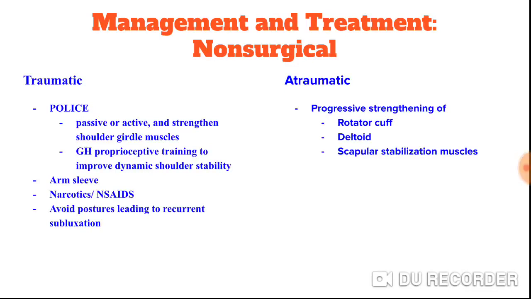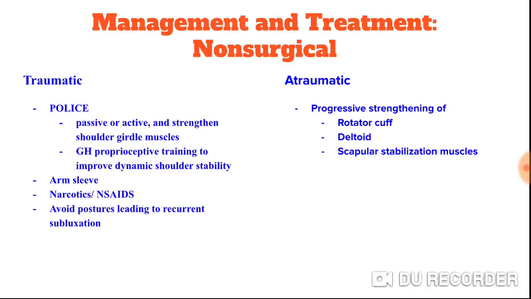And now we're moving on to management and treatment, non-surgical. We've got traumatic and atraumatic, traumatic being like a direct blow, atraumatic being just poor instability in general. As far as traumatic injuries go, a common way to manage it is POLICE. Passive or active exercises would work, and we got to strengthen the shoulder girdle muscles as well.